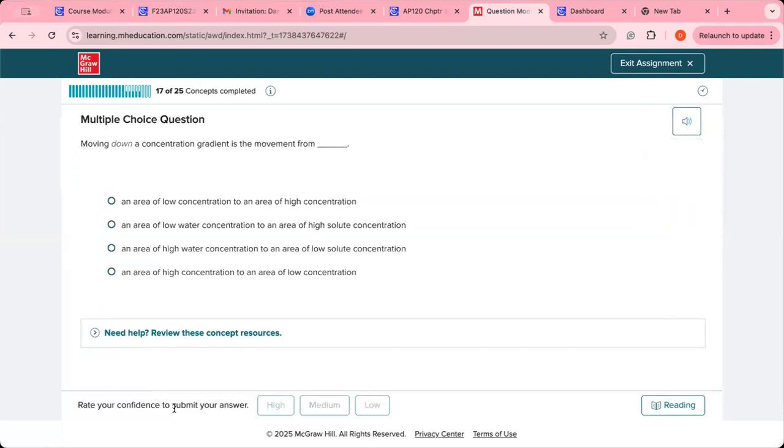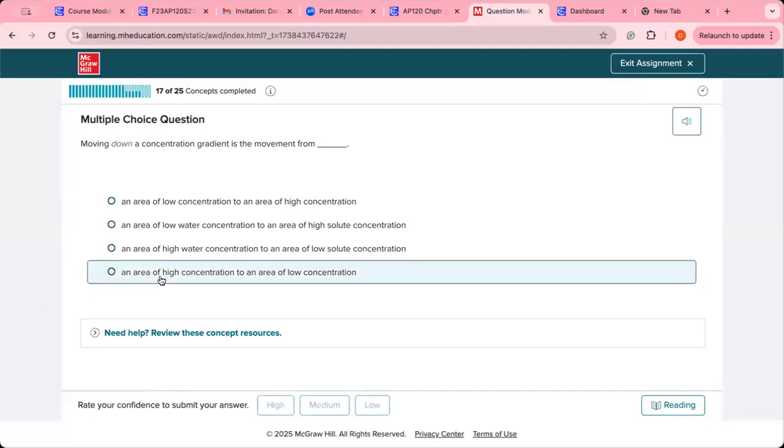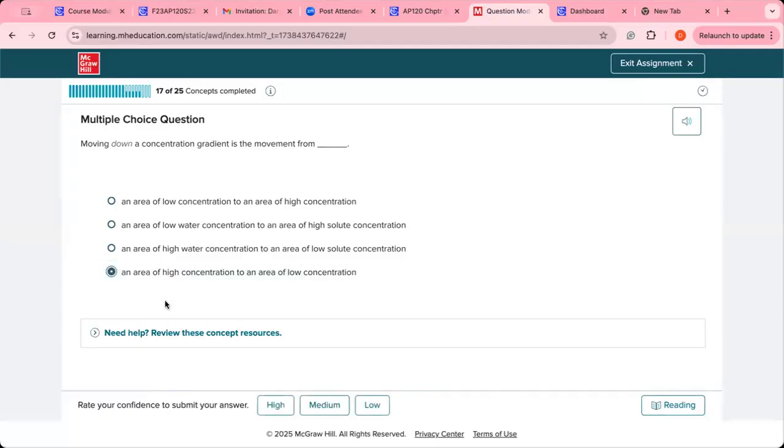Moving down a concentration gradient is the movement from, remember, an area of high concentration to low concentration. So that's the last answer on your list. High concentration to low concentration.